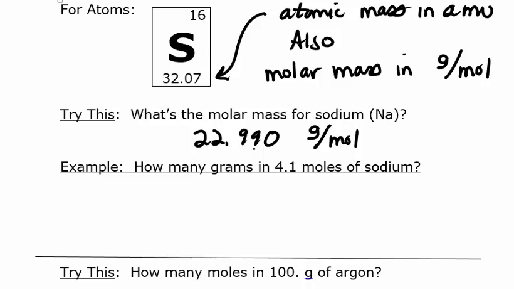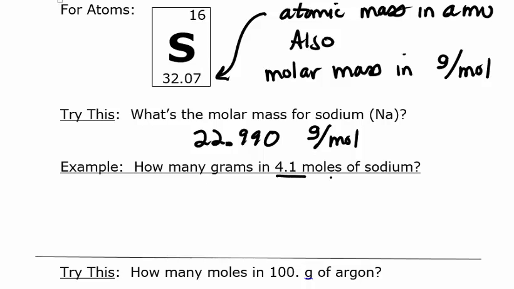Now, different periodic tables will have different numbers of sig figs for their listings, so yours may differ slightly. It may have a few more or a few less sig figs than this one. But let's use this one to do a conversion, and it'll only be good for sodium because this is the molar mass of sodium. So let's do the example: how many grams are in 4.1 moles of sodium?